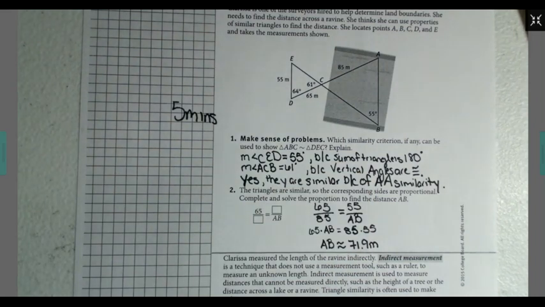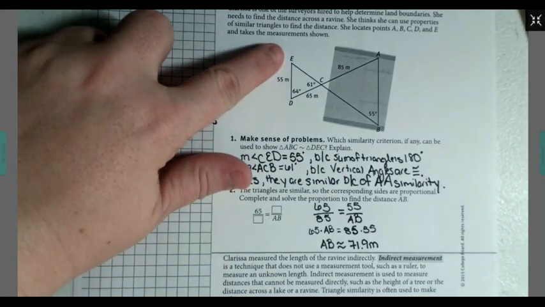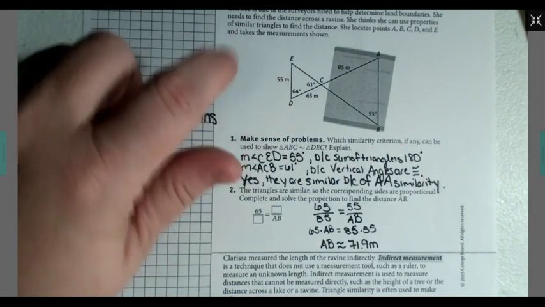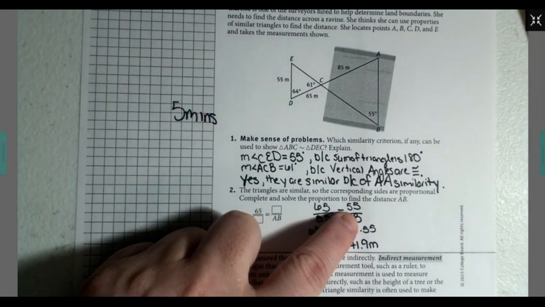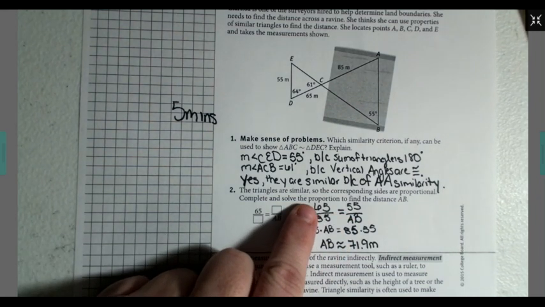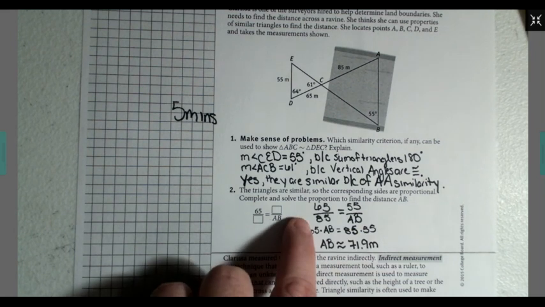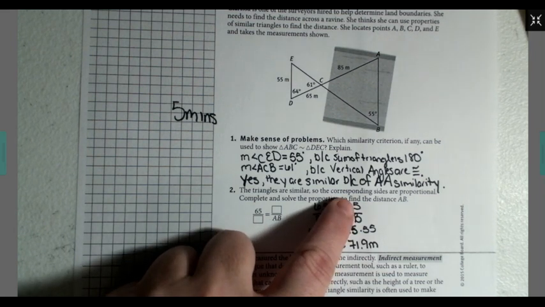Then AB is this length right here. Well, that would be similar to ED, which is 55. So I put 55 in the numerator position. Then I said 65 times AB, because we're doing cross multiplication, and 85 times 55.